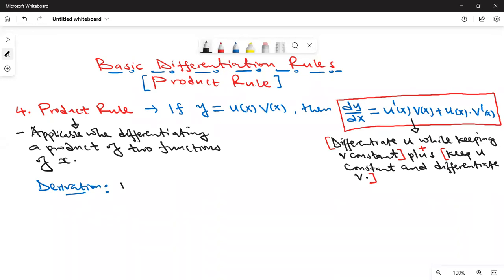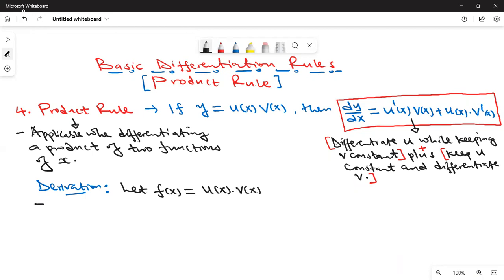So we say let f of x be equal to u of x times v of x.